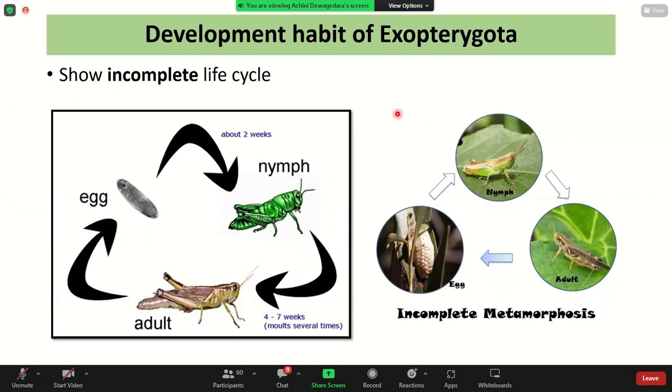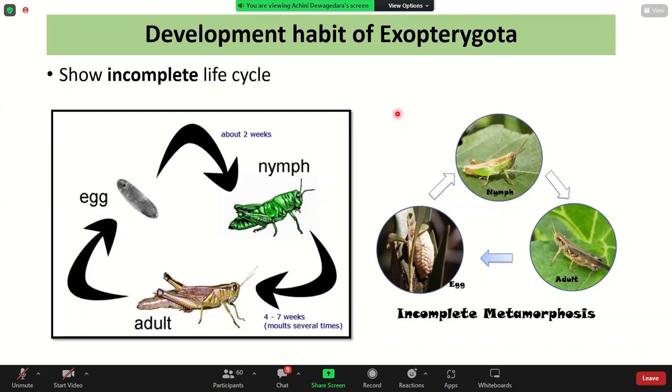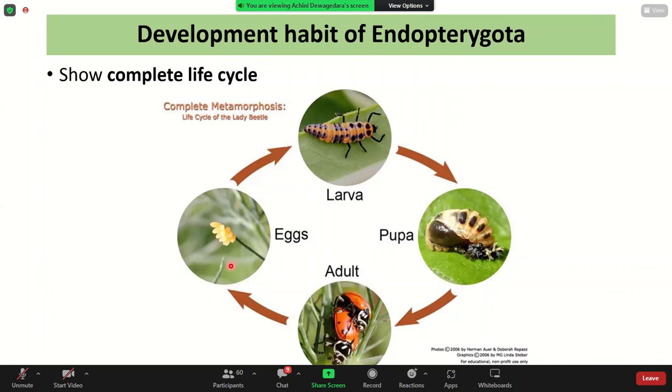Exopterygotes have an incomplete life cycle and endopterygotes have a complete life cycle. In the incomplete life cycle, there are 3 stages of life: eggs, nymph, and adult. In the complete life cycle, eggs, larva, pupa, and adult.